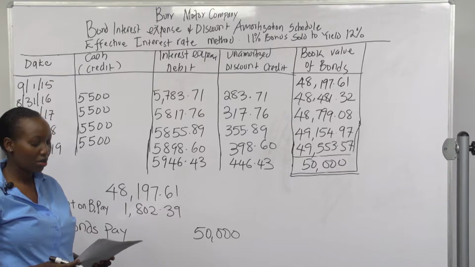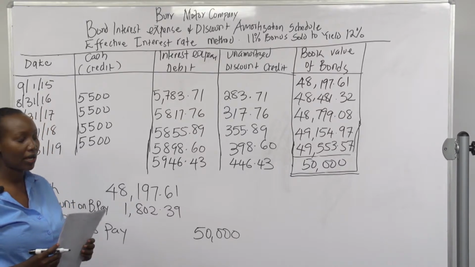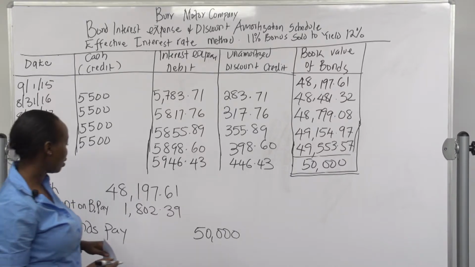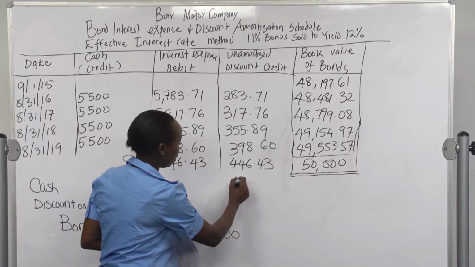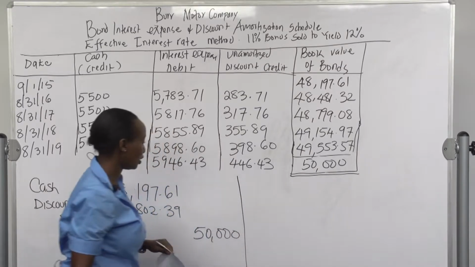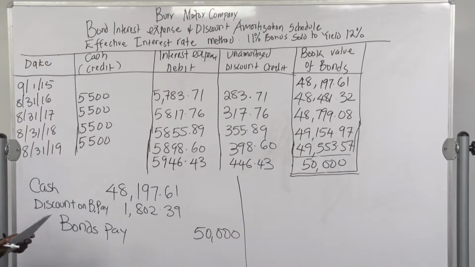Now we need to record the interest expense for December. Since we are on accrual accounting, every end of the year, we need to accrue interest. So for December, we have interest for the 4 months, from September 1st through December.